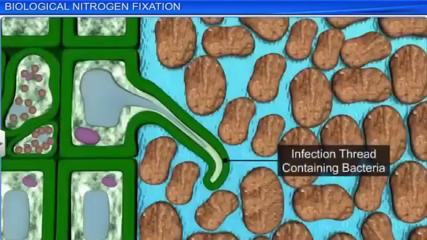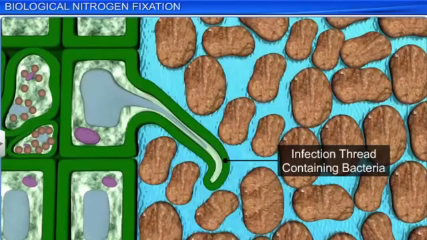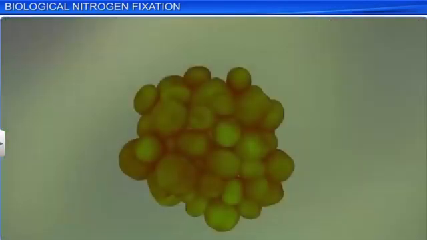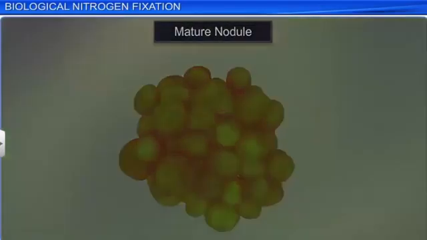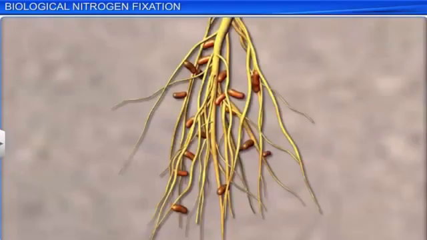Then the bacteria stimulate the inner cortical and pericycle cells to divide. These cells get differentiated as nitrogen-fixing cells, and a nodule is thus formed. Through vascular supply, the nodule is ensured of nutrients and energy from the plant.